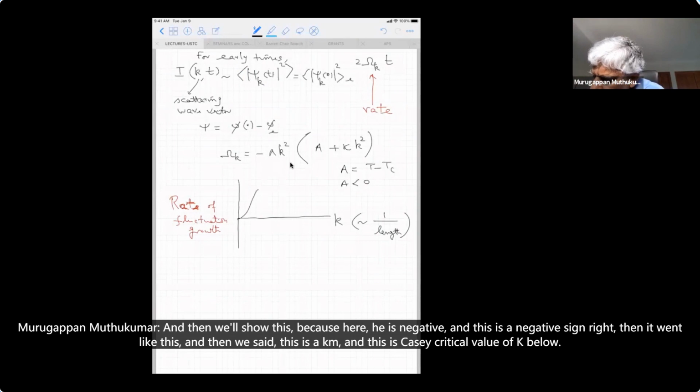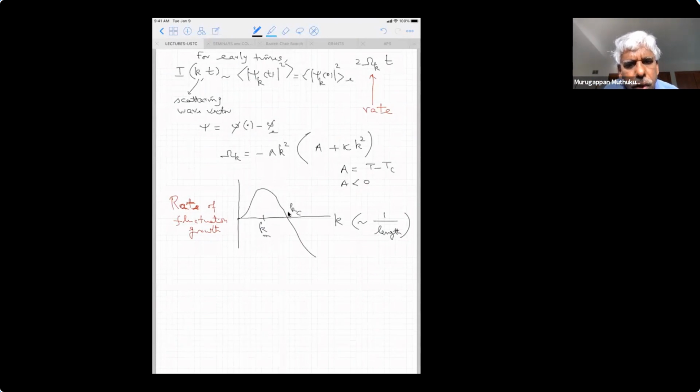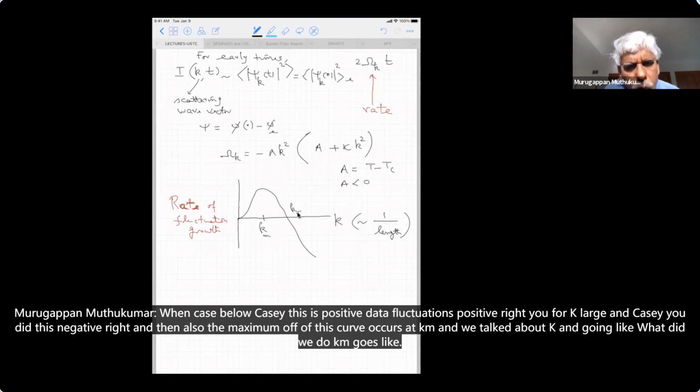And then we said, this is Km, and this is Kc, the critical value of K. When K is below Kc, this is positive. The rate of fluctuation is positive. For K larger than Kc, this is negative.